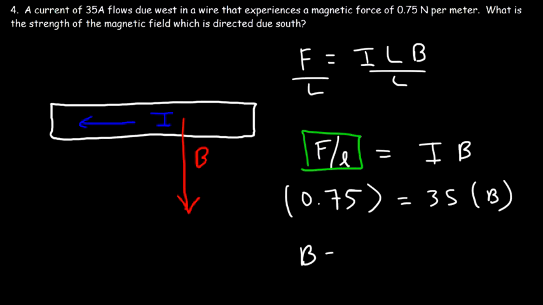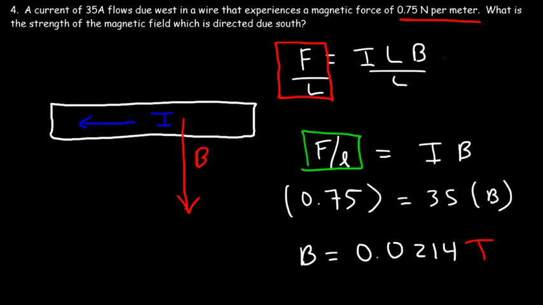And so B is equal to 0.0214 Tesla. So anytime you have the force per unit length, or newtons per meter, make sure you understand that it's F divided by L. The entire thing is F over L. So you might see that expression in this chapter in a few problems.